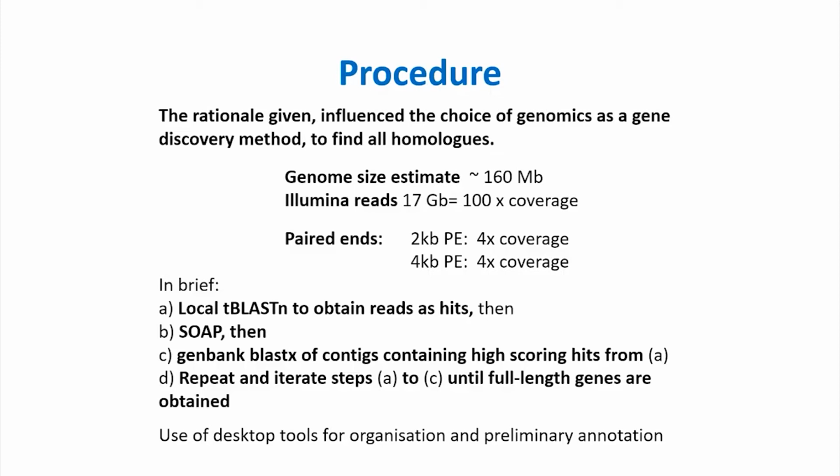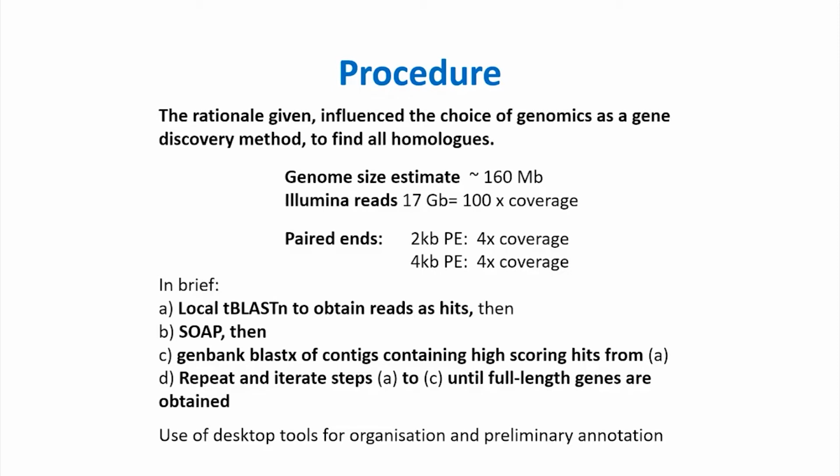Then we got some Illumina reads from memory. They were 100 bases long at around 100x coverage, and we did some paired ends, the minimum that we would need to get across introns, being low complexity regions. So we used local tBLASTn to use ordinary squalene synthase from a green alga as the bait.